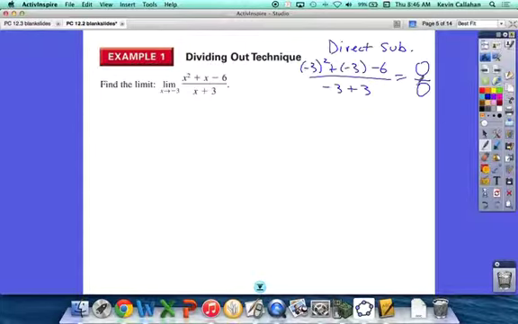0 over 0 has a name. That's called indeterminate form.